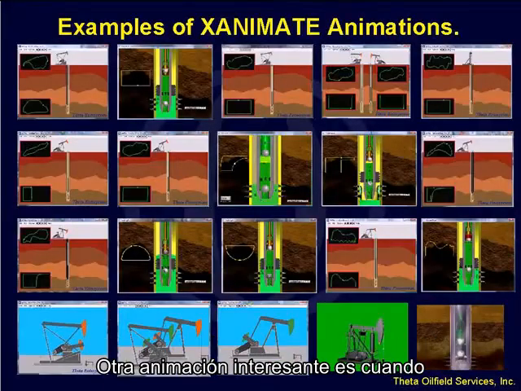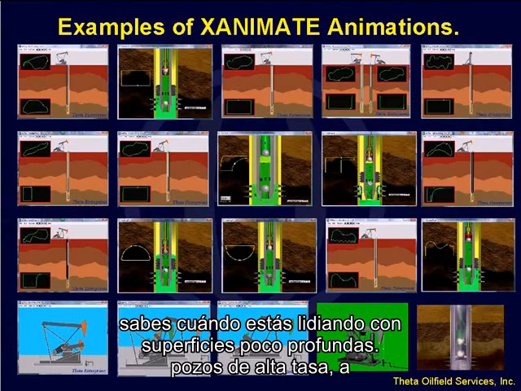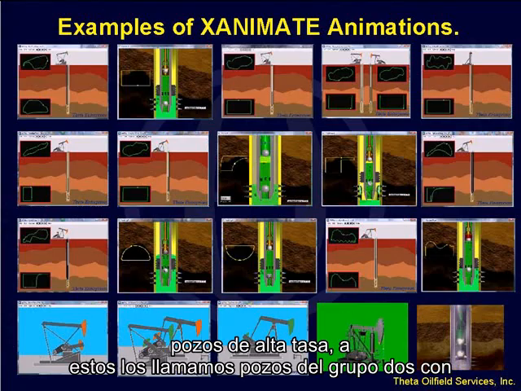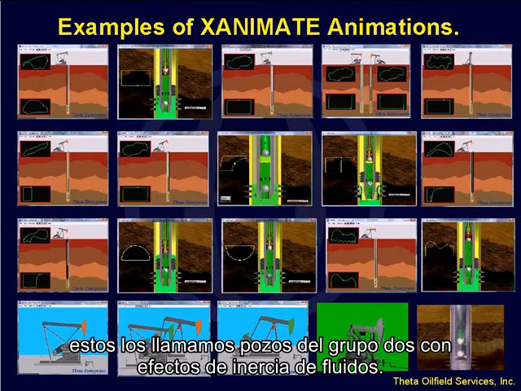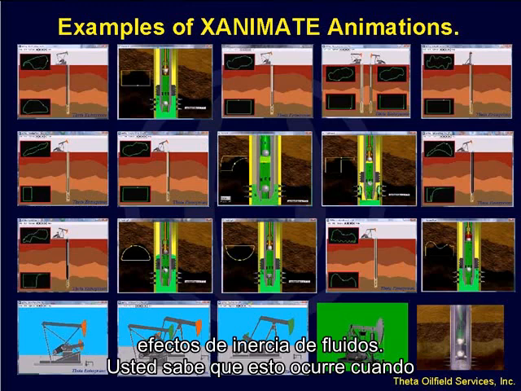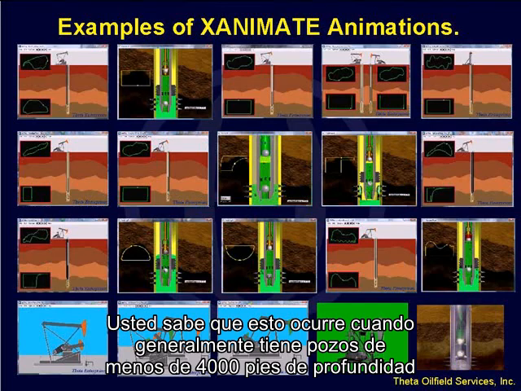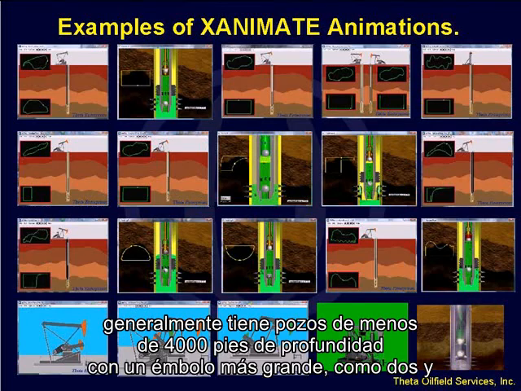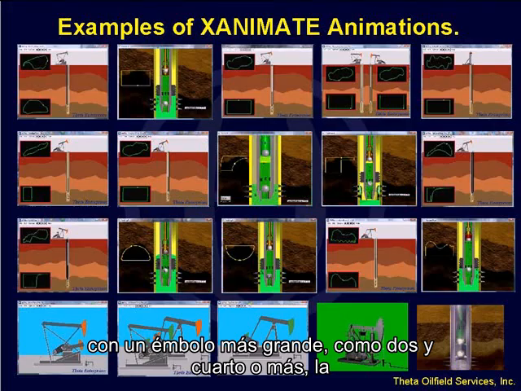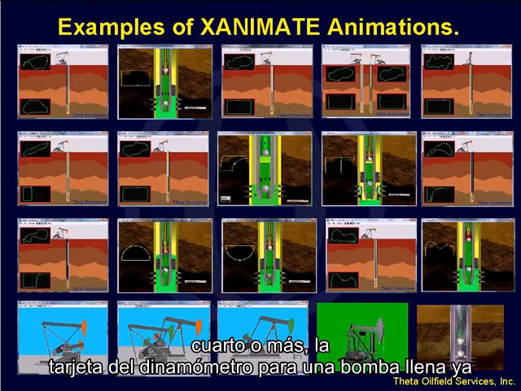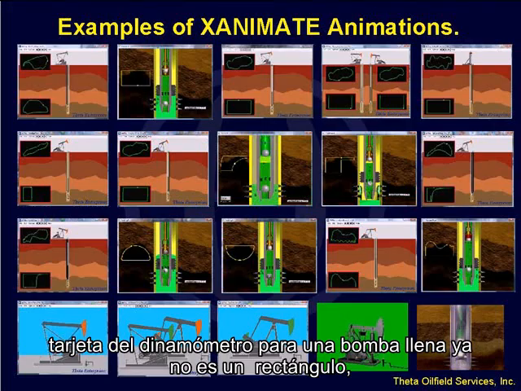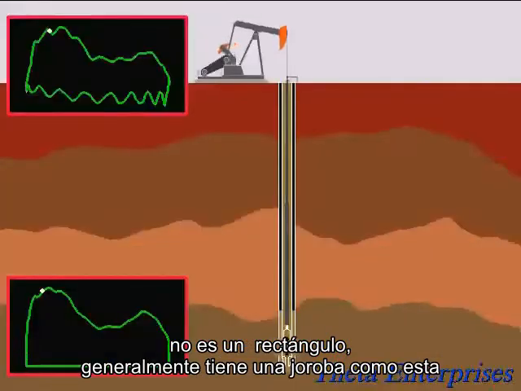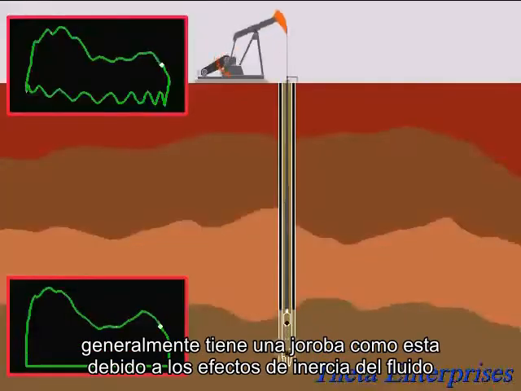Another interesting animation is when you deal with shallow high rate wells. We call these group 2 wells with fluid inertia effects. These occur when you have typically less than 4,000 foot deep wells with a larger plunger, like 2¼ or larger. The dynamometer card for a full pump is no longer a rectangle. It typically has a hump on it like this because of the fluid inertia effects.